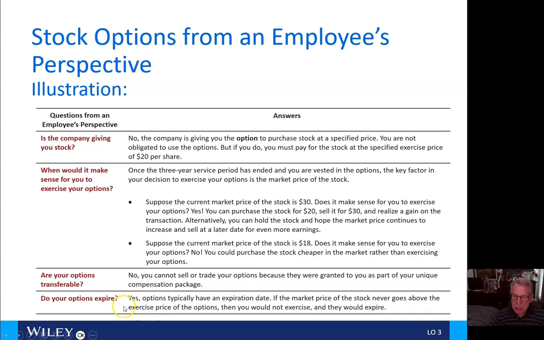Do your options expire? Generally, yes. Options typically have an expiration date. If the market price of the stock never goes above the exercise price of the options, then you would not exercise them and they would expire and be worthless.